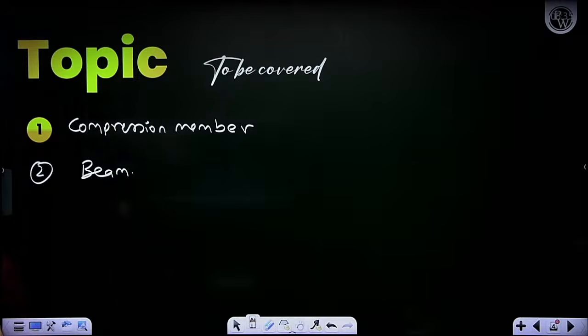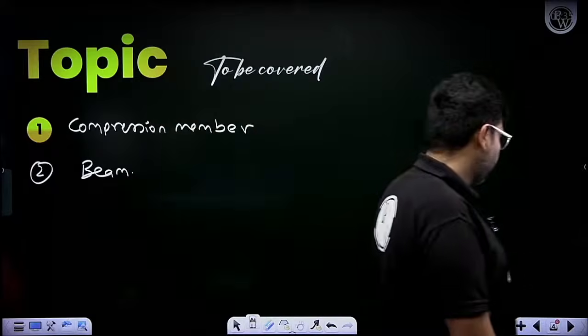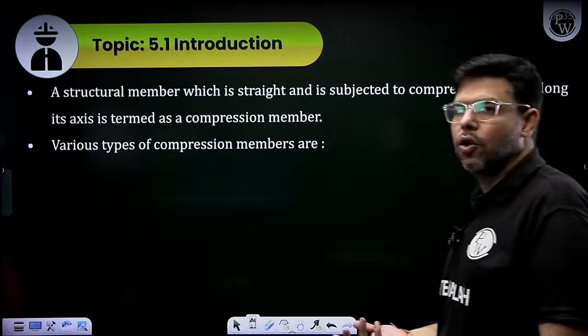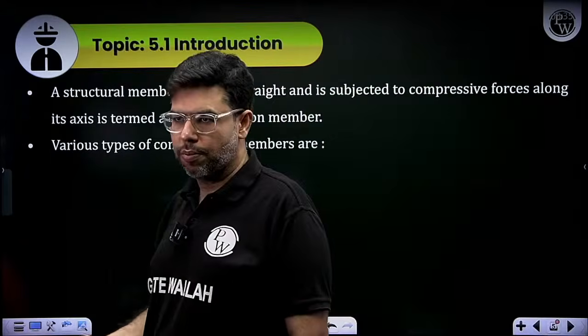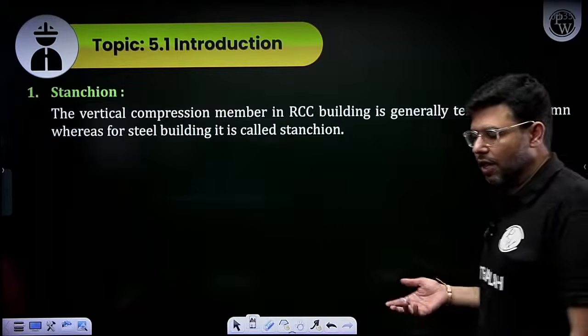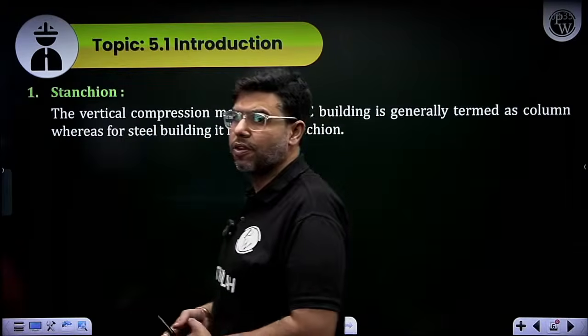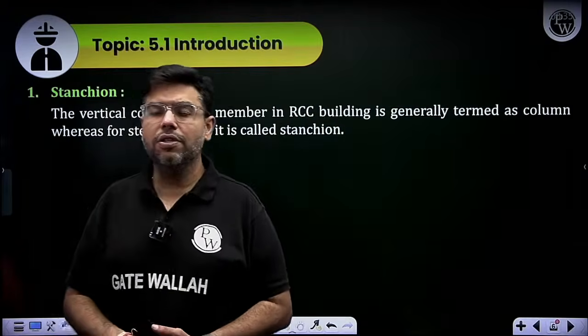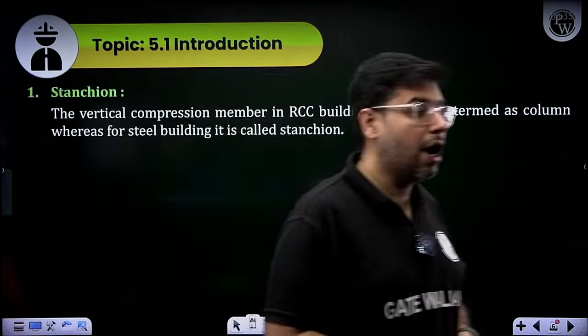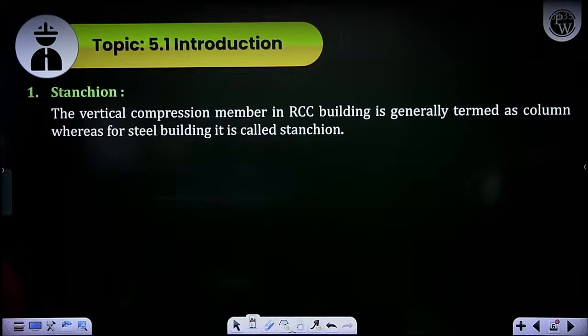Let's begin with it. What is a compression member? A structure which carries axial compression is known as a compression member. Various types of compression members are there. We can have a stanchion, the main compression member in a steel structure, a large section carrying the axial compression.